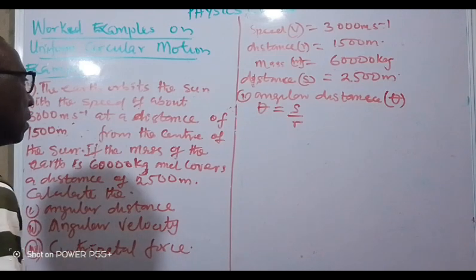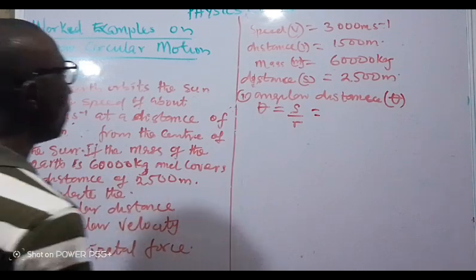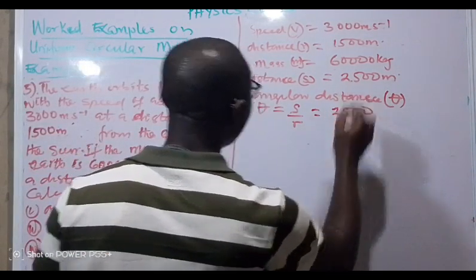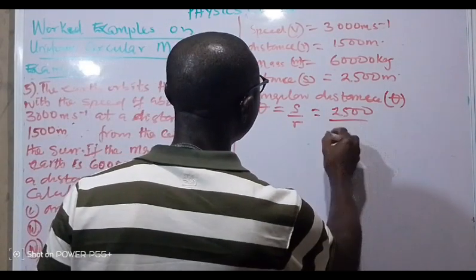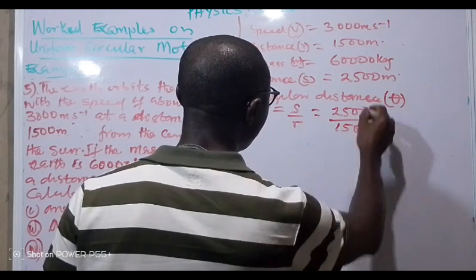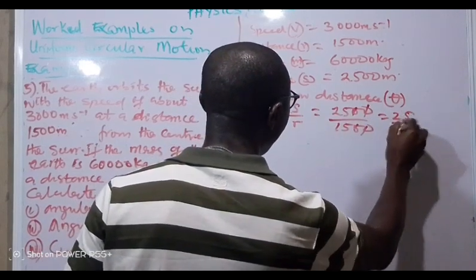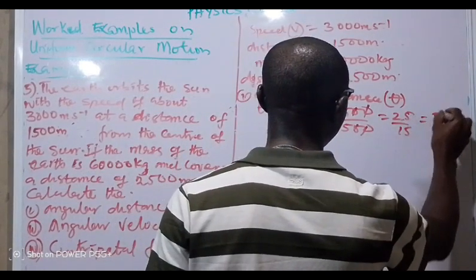So s is 2,500 and the distance from the Sun is 1,500. We cancel, we have 25 over 15, which gives us 5 over 3.